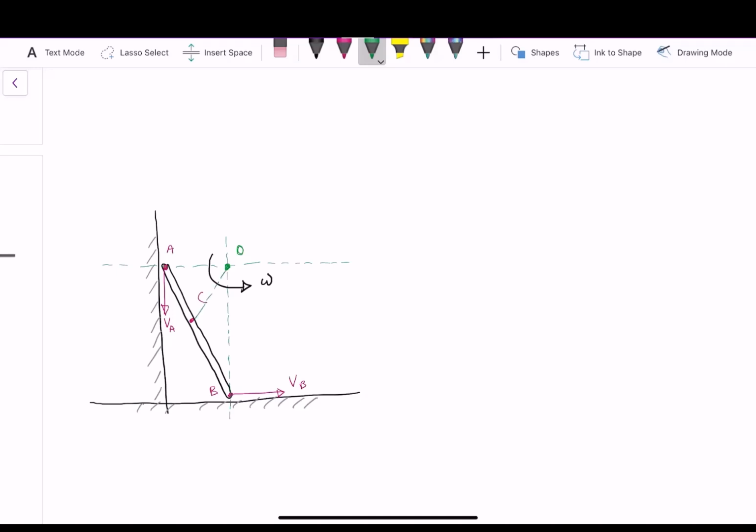So I'm going to draw this radius arm. Okay, and now what we're going to say is that the velocity at C has to be 90 degrees to that. So I drew out my radius arm. Now the velocity at point C is 90 degrees to that radius arm. So this would be velocity C. And I could do the same for any point on that body.